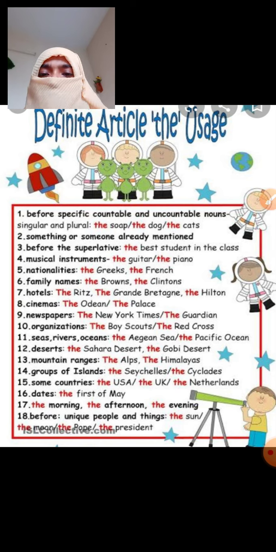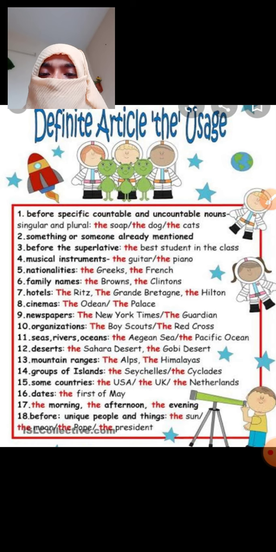Number 13, before the names of mountains we also use the article. Number 14, before the names of some groups of islands we also use the article. Number 15, before some countries' names. That means not before all countries' names, only some specific countries.